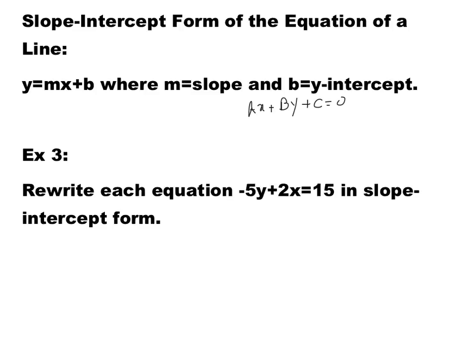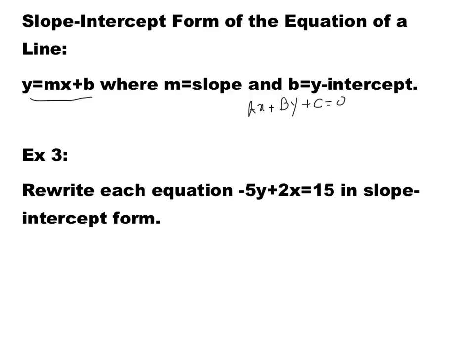This was called the standard form. a, b, and c are constants, real numbers. The other form was y equals mx plus b, which is called the slope y-intercept form. You should be able to convert one form to another one.